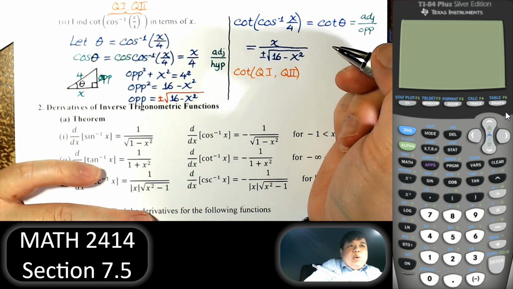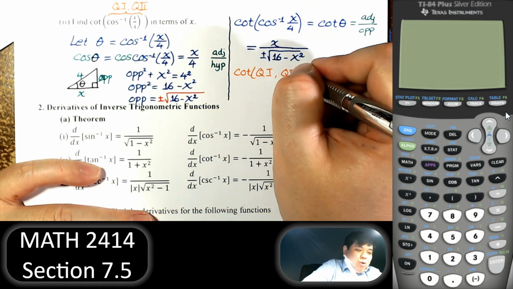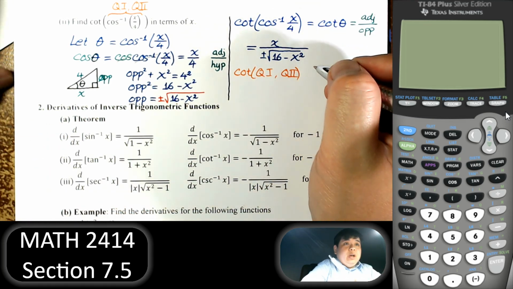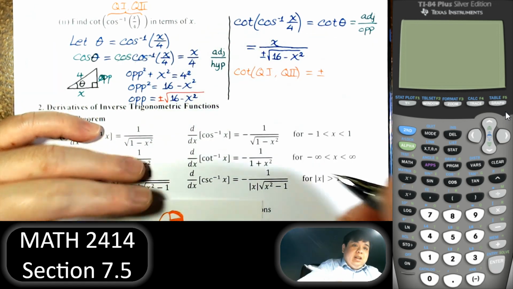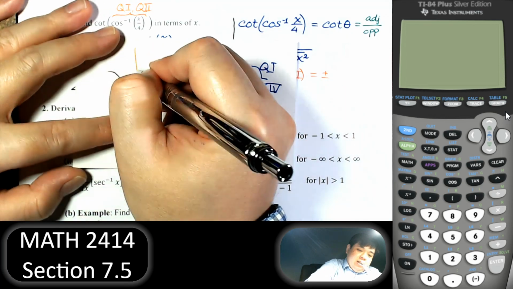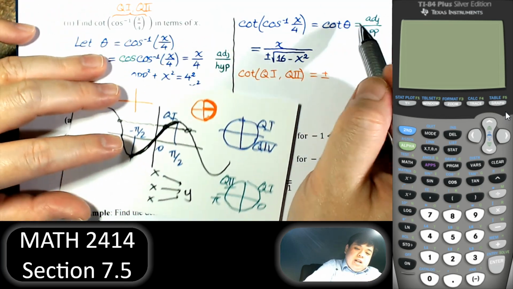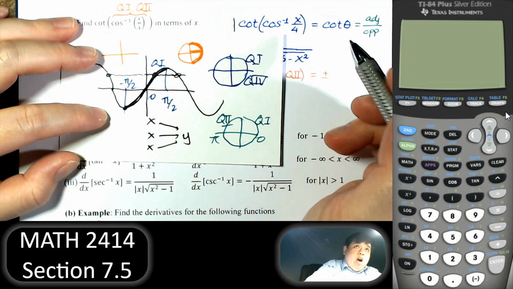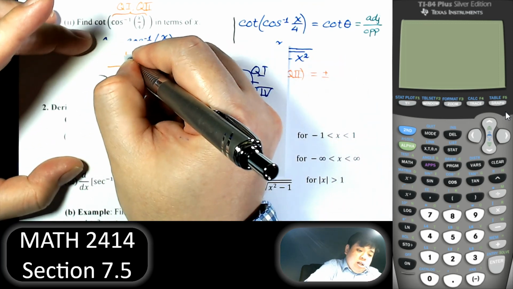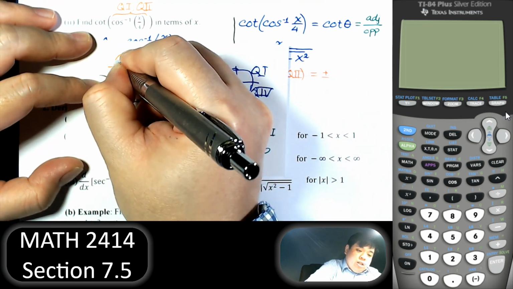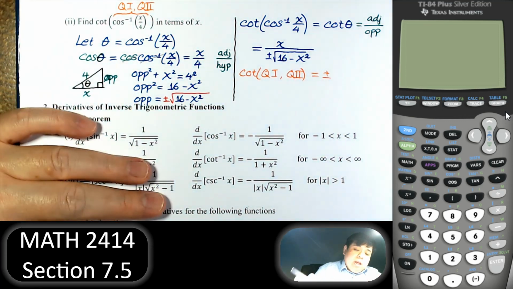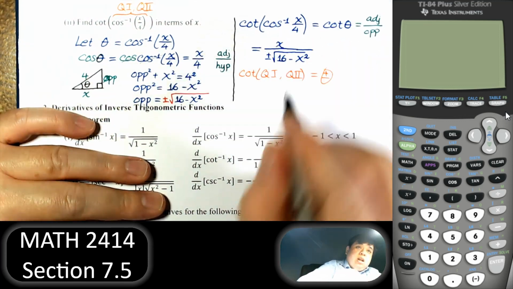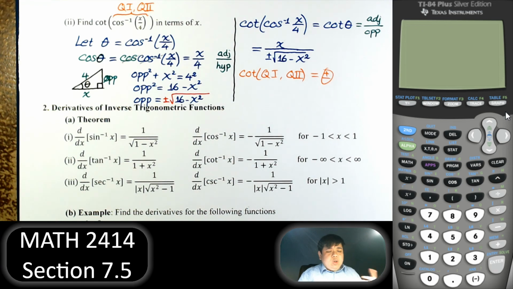In that case we don't know, because cotangent in quadrant 1 and quadrant 2 could be either positive or negative. Cotangent is adjacent over opposite, or x over y, and in quadrant 2 it is negative, in quadrant 1 it is positive. So we still have plus or minus, and that is the answer.